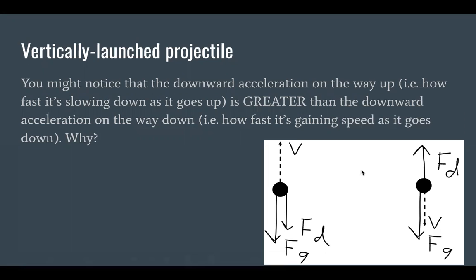Your net force is then the force of drag plus the force of gravity, giving you an overall higher downward, or negative, acceleration. Whereas on the way down, your net force is the force of gravity opposed by the force of drag. Since they're being subtracted instead of added together, the net downward acceleration actually goes down when you're falling back down compared to on the way up.